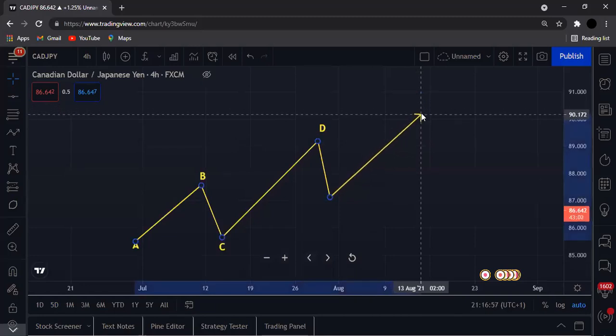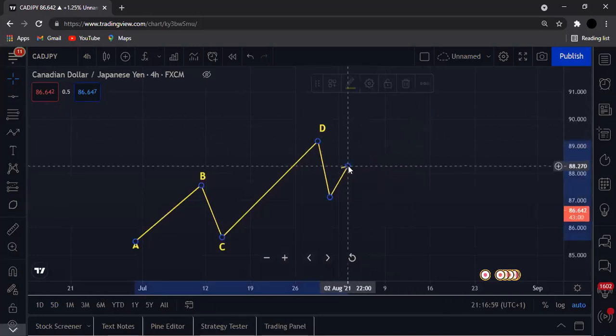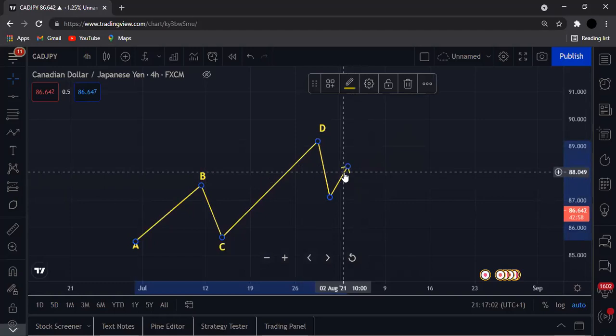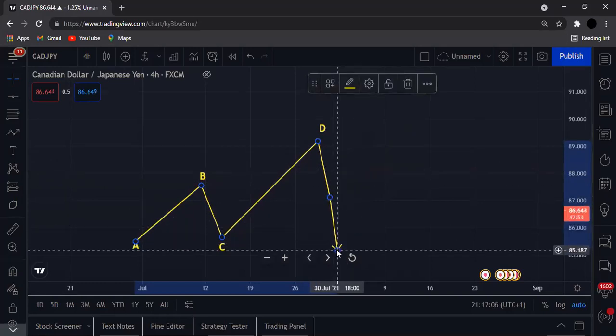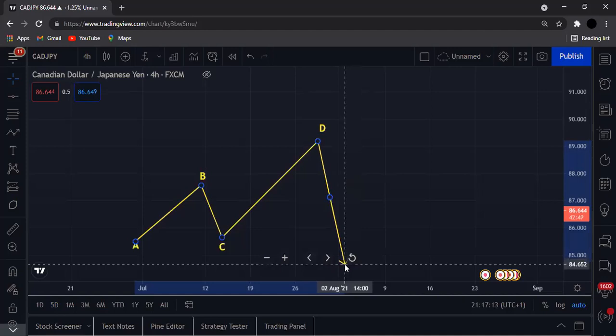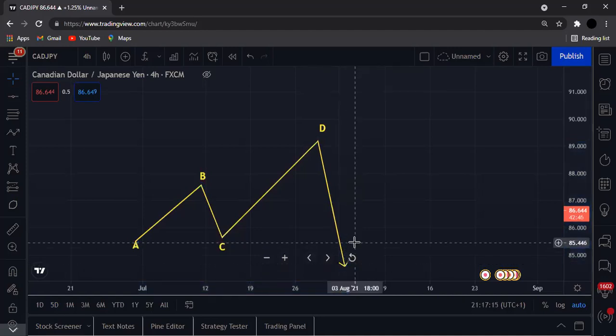And this continues. Or, okay, let's say D pulls back. Instead of going higher, D pulls back and breaks this level. So now the trend is broken. It's no longer an uptrend.